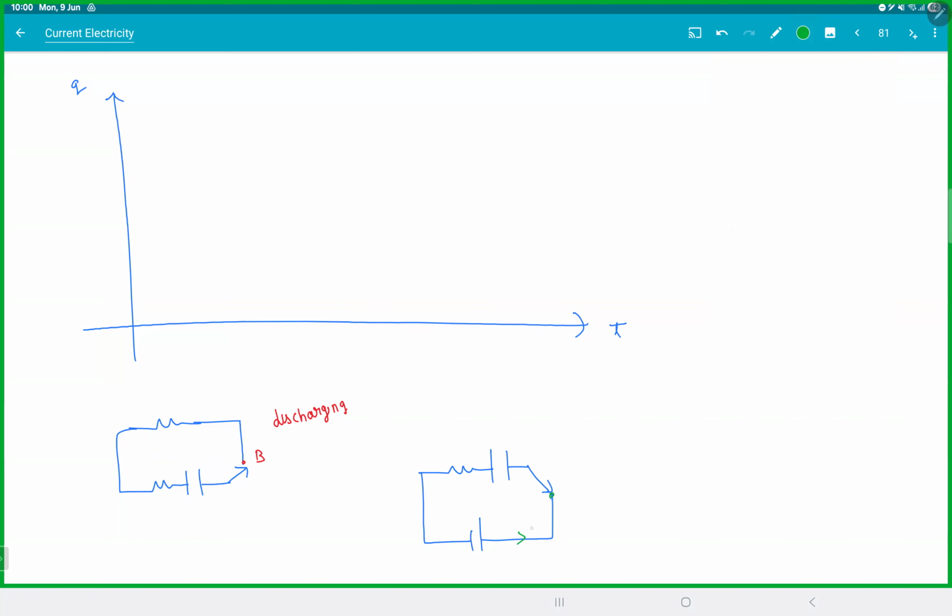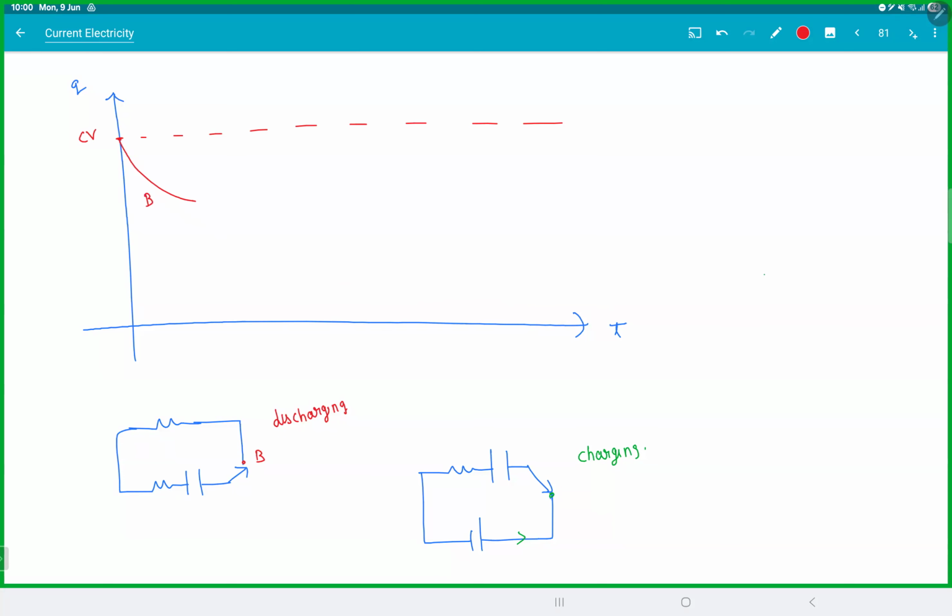When you flip to A, you're charging. Initially it is already at A, so this was the initial charge, CV. So time T. Technically, the graph should look like this, isn't it? You can't have a full graph, you'll have a part of it. So you'll have something like this. This is for the first time T, when you are at B.